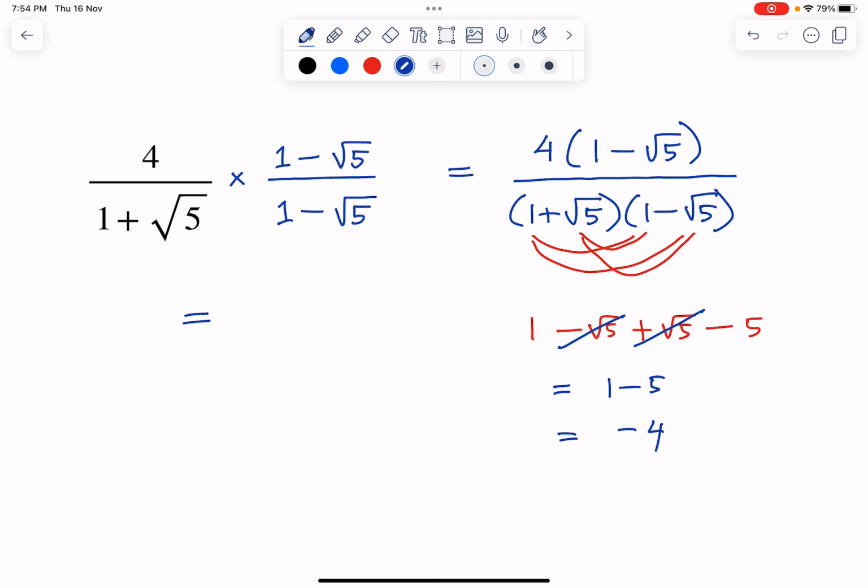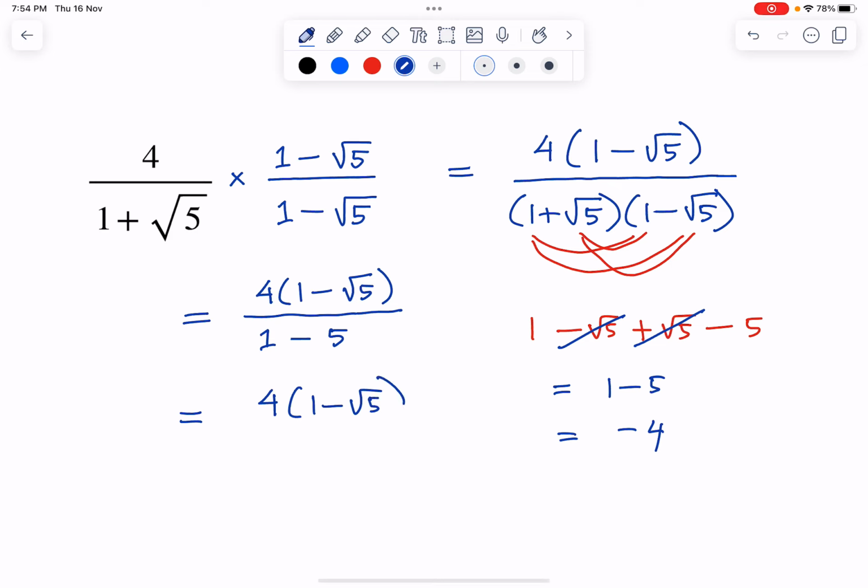So knowing this, we will just write down the result on the denominator, which gives us 1 minus 5, right? 1 squared minus root 5 squared. Okay, so then on the upper part we have 4 times 1 minus root 5. So in this case we have 4, 1 minus root 5, and then at the bottom negative 4.